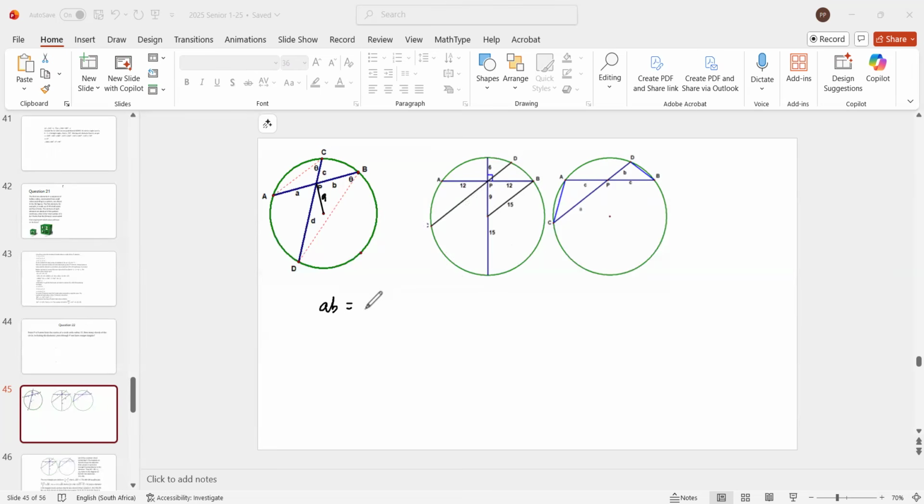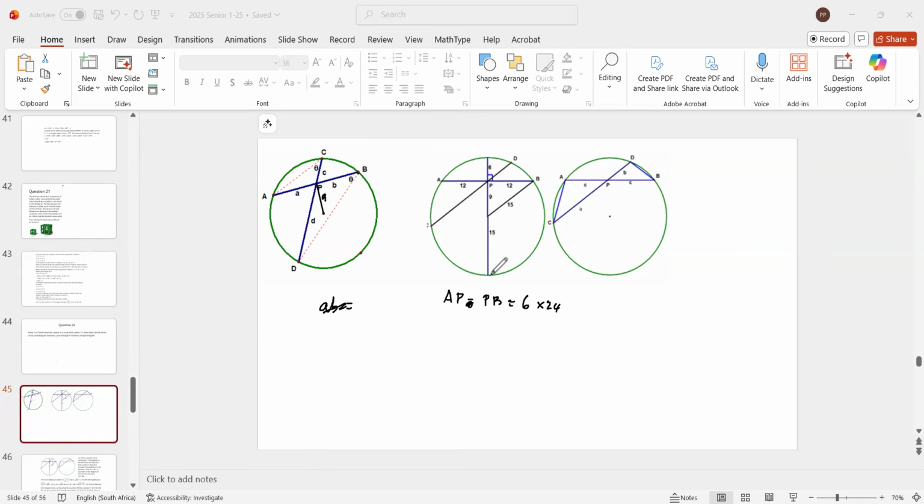this product here, AP times PD, in this case AP times PB, we saw that it was 12 already, but if you use this method here, you'll see that AP times PB will be the same as 6 times 24.